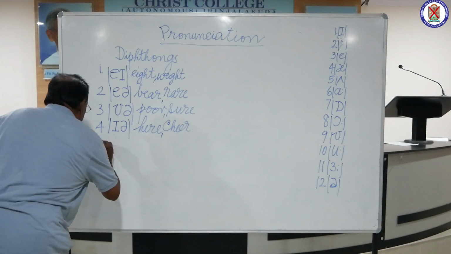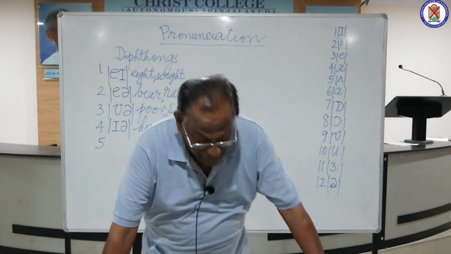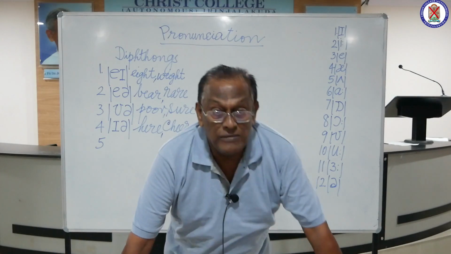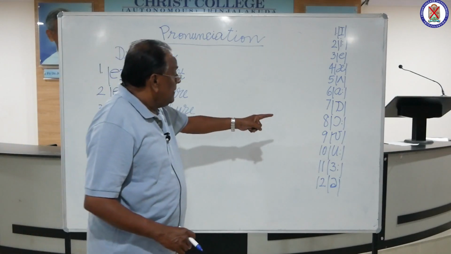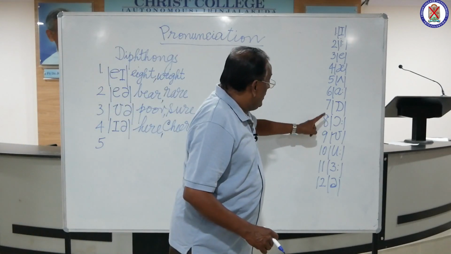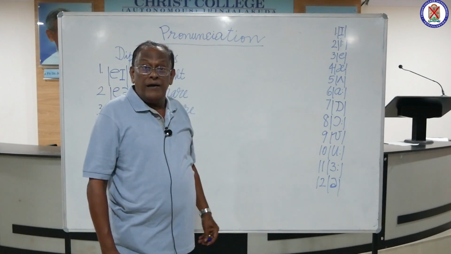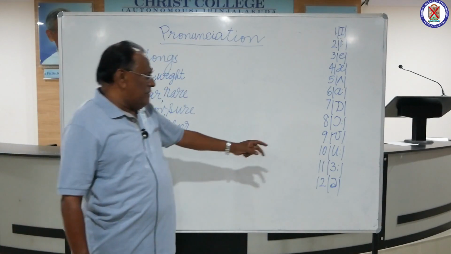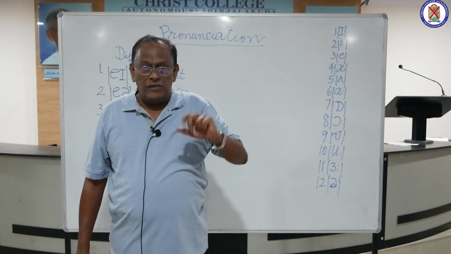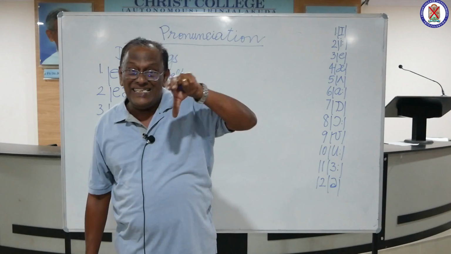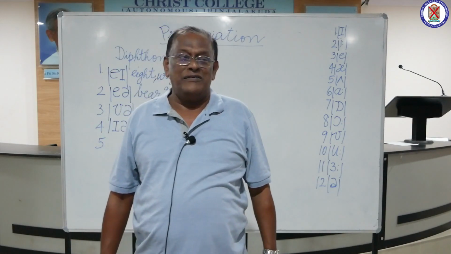Number 5 is a combination of a part of number 8 and number 1. A part means the O sound and E sound. What happens when O and E combine together?